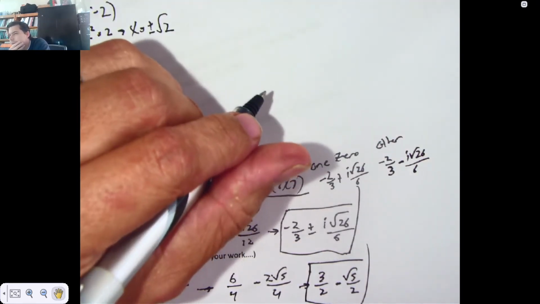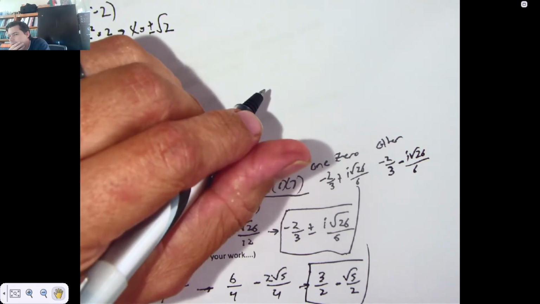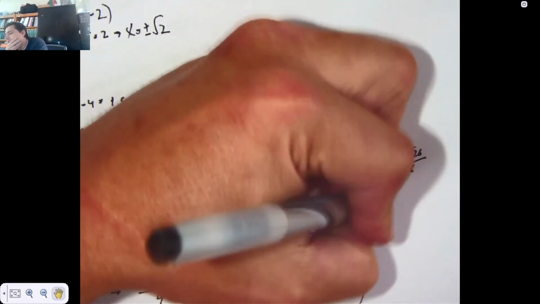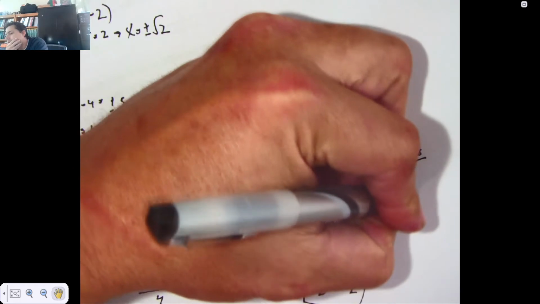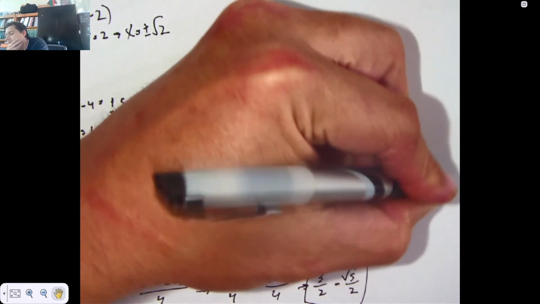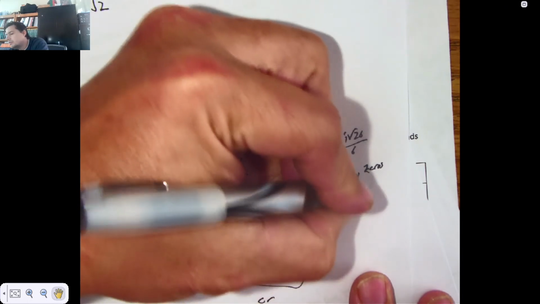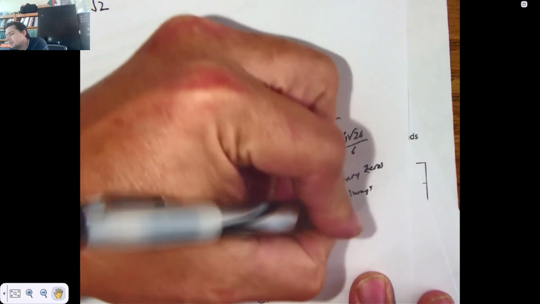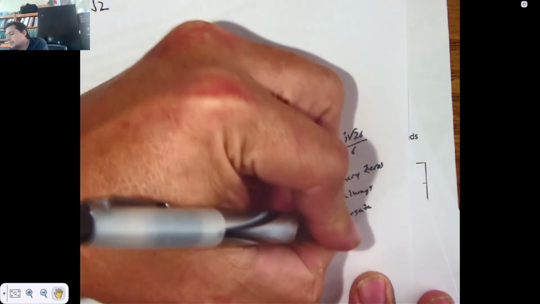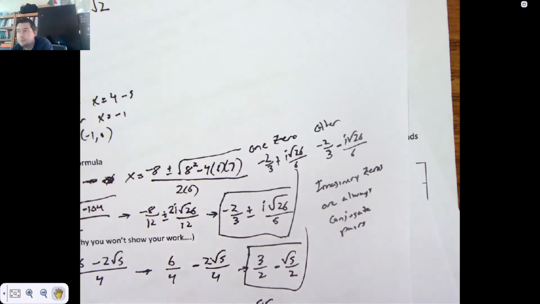Complex zeros happen in conjugate pairs. Imaginary zeros are always conjugate pairs. In fact, that's true for all weird zeros. They're always conjugate pairs.